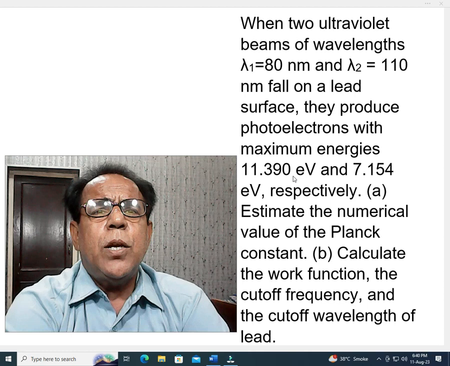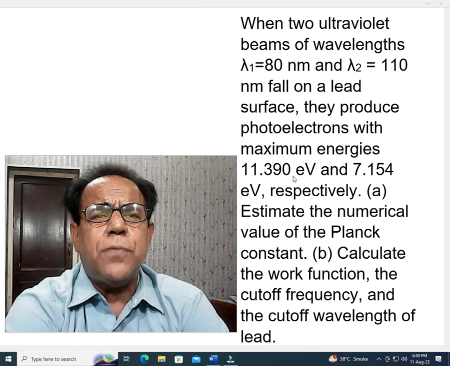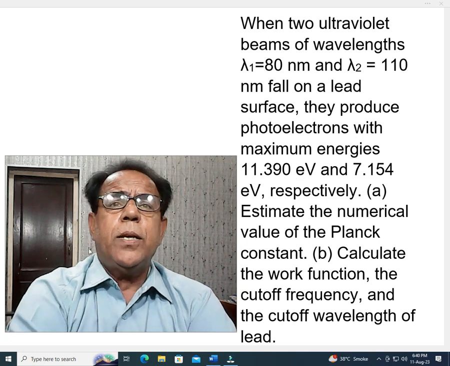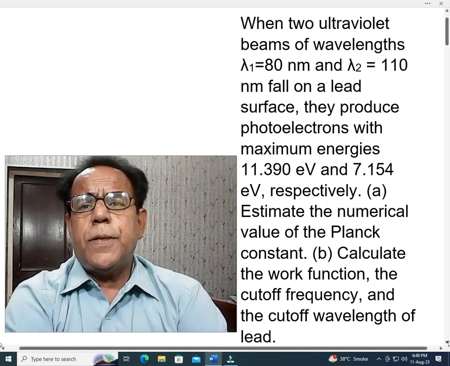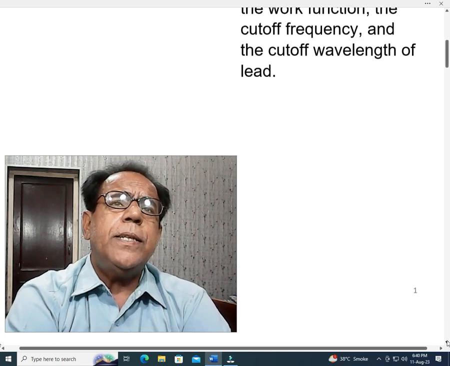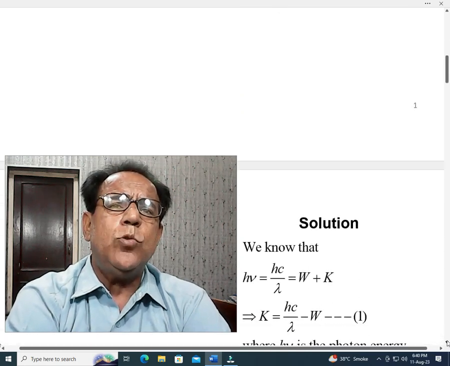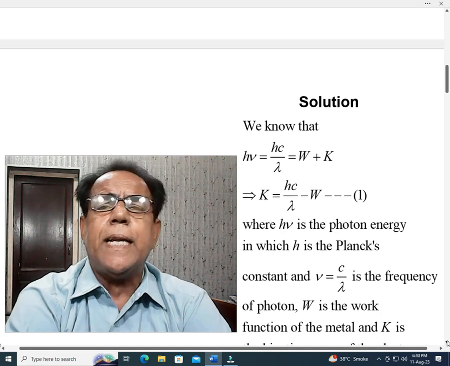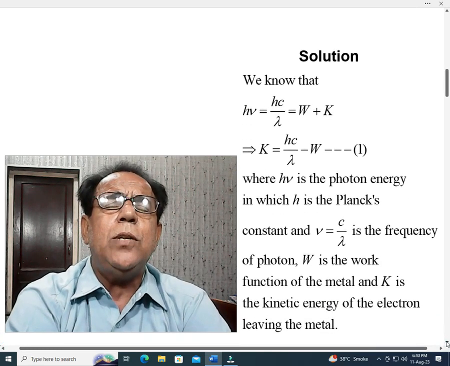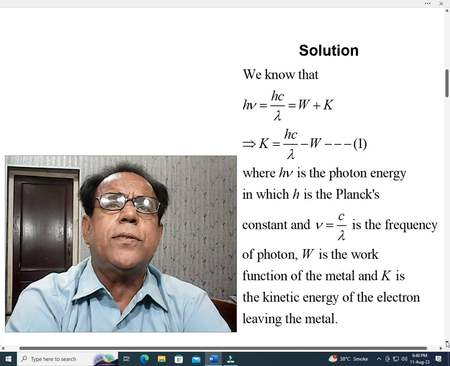Moreover, we have to find out the work function, cutoff frequency and cutoff wavelength. Now we move to its solution. Dear students, in addition to this solution, we will also consult a table of physical constants, from which various values might be used in this problem.